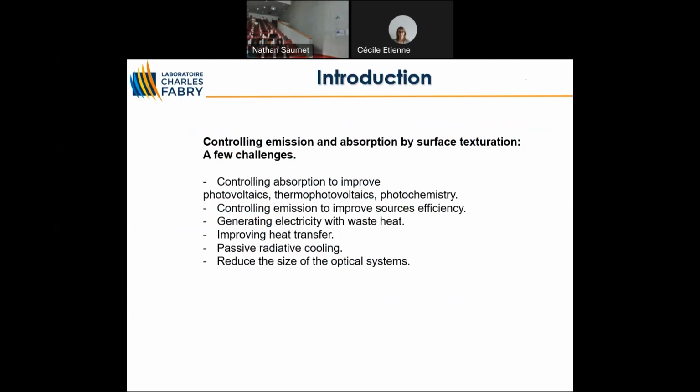One of the things I'm briefly going to touch on is how you could recover and generate electricity out of sources of heat which are at low temperature, and usually this is wasted energy. So how is it possible to try to recover that? In the near field, we'll see that there are a few ways of managing the heat transfer.